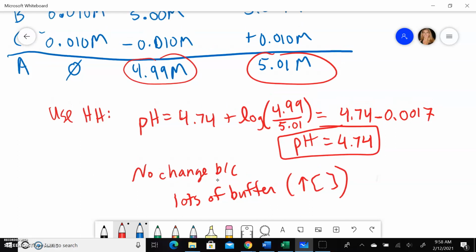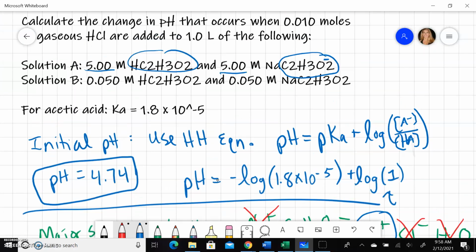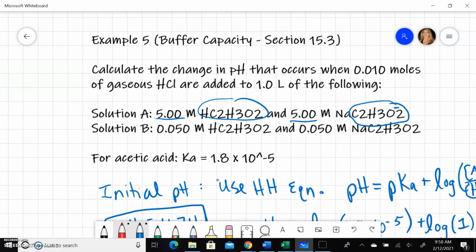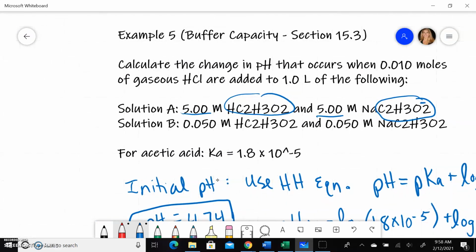All right, now let's do solution number 2. So going back up here, solution B. So this time, notice that the concentration of the buffer went way down. So now we're going to see if this was enough buffer to keep the pH from changing.